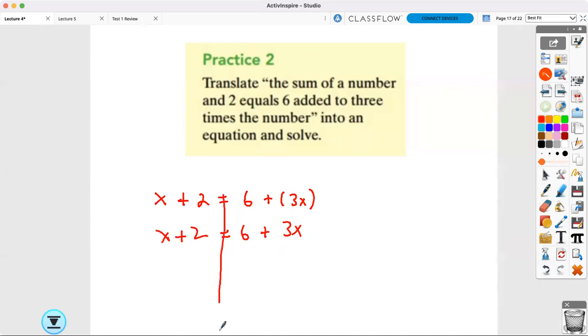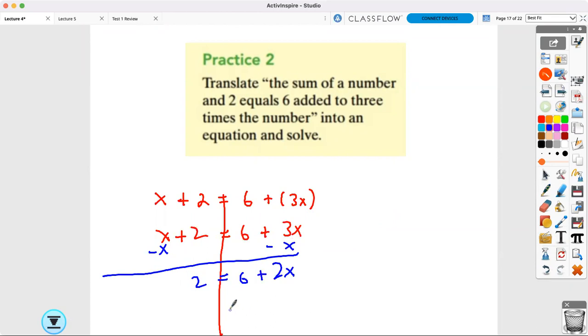Okay, now let's go ahead and solve for x. Anyone want to share with me their steps on how they got x by themselves? I did 3x minus x on the right side, and then it gave me 2x. So then to rewrite it, I got 2 equals 6 plus 2x. Good.